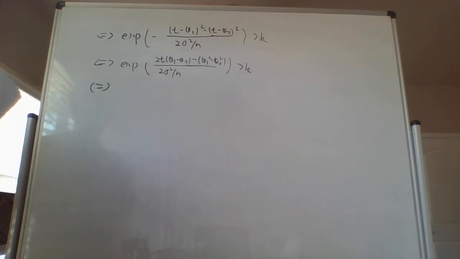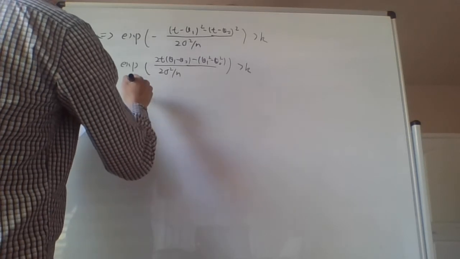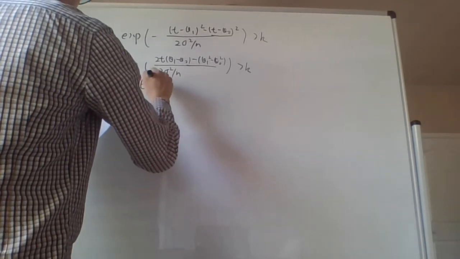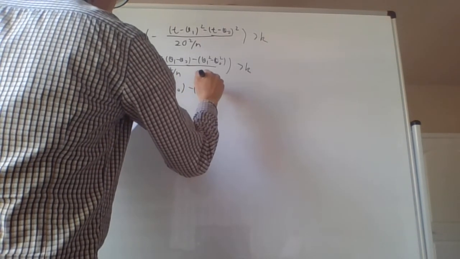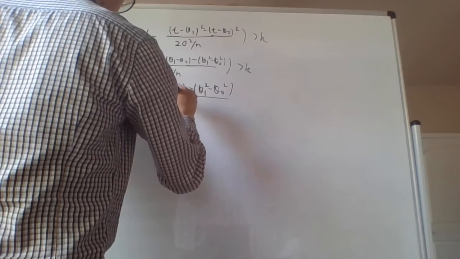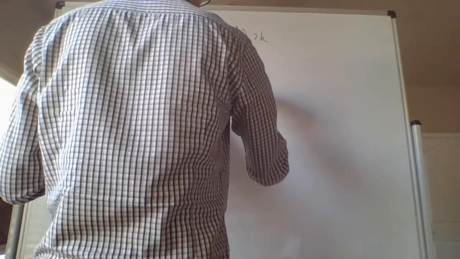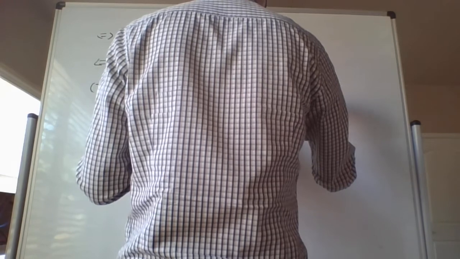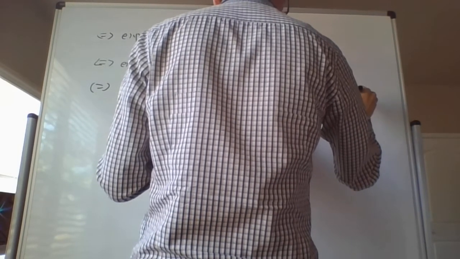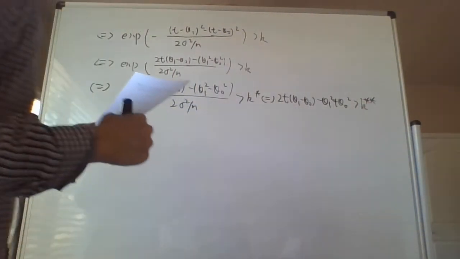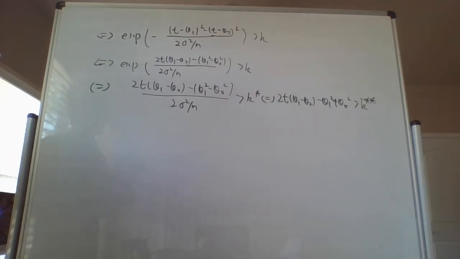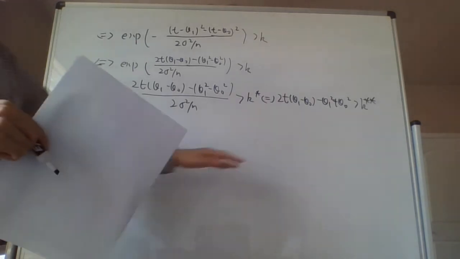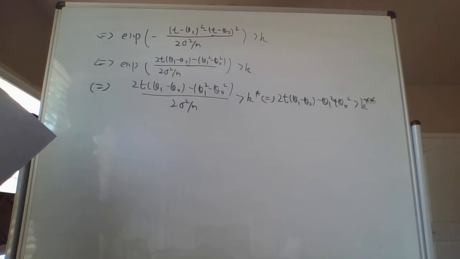And then by taking the log function on both sides, and then by multiplying 2 sigma square divided by n on both sides, I express it as a k star star, which is modified from k star, where k star in this case is the log of k.